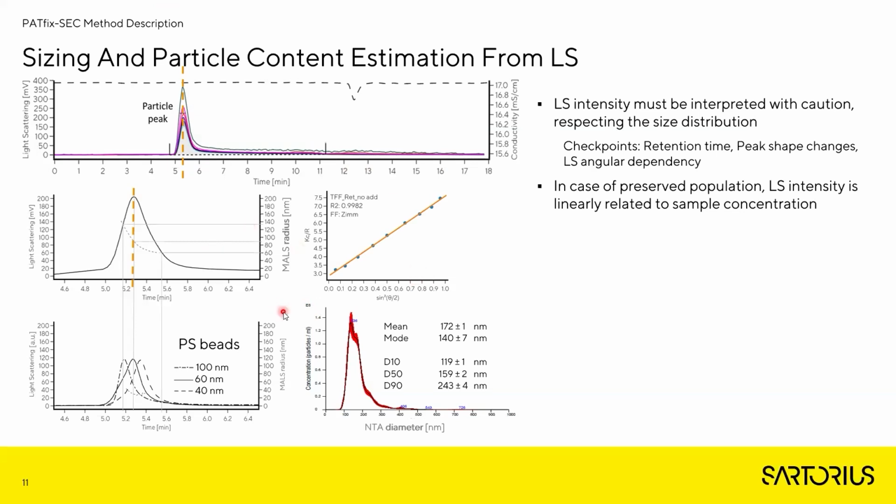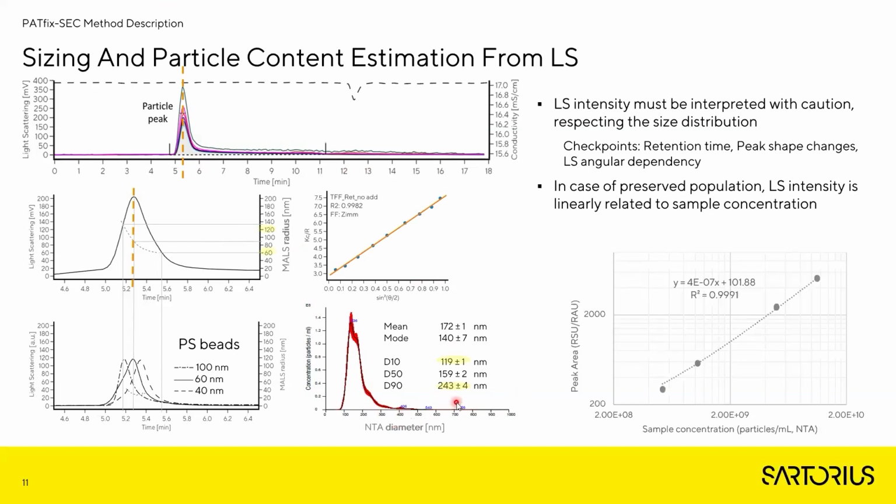If we have a look at the parameters obtained from the NTA analysis, we observe that the values obtained are relatively well comparable. Here we have the radius obtained from light scattering that relates very well to the NTA measurements.